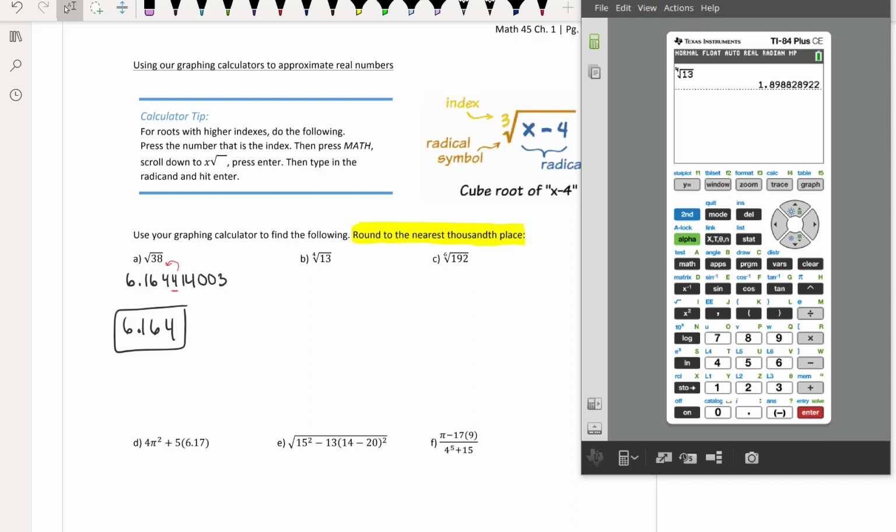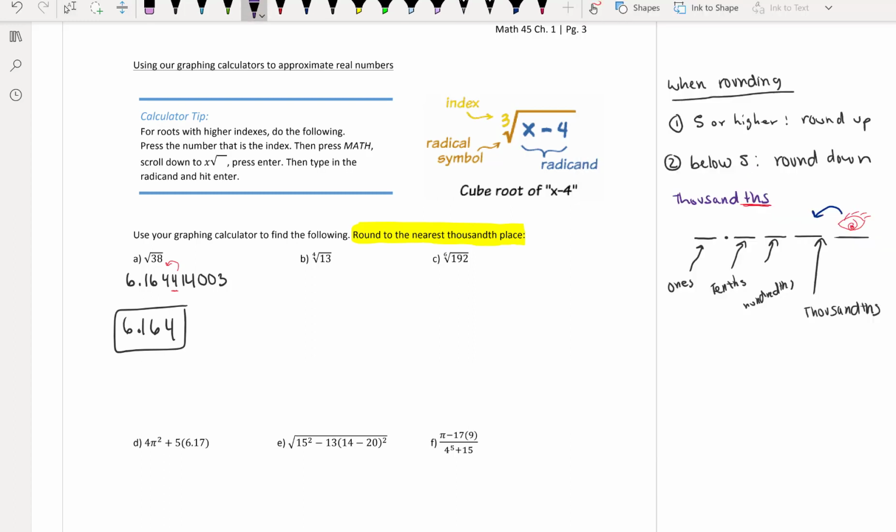So I'm going to get 1.8988289. I'm going to go ahead and write that down so that we can see it. So I'm going to go to my 4th digit. Because that digit is 8, it's higher than 5.